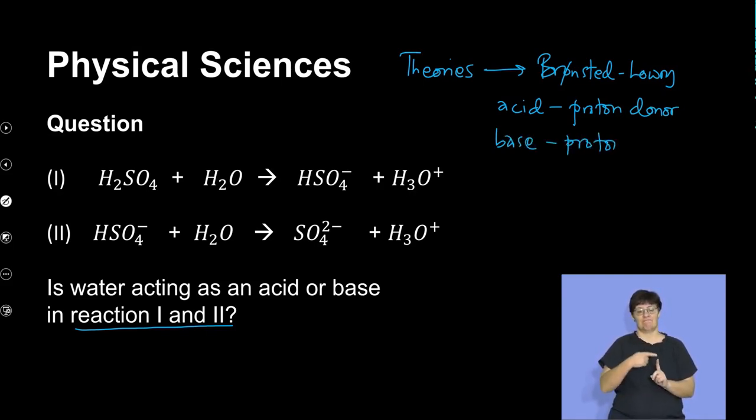Simple and straightforward. So in an acid-base reaction based on the Brønsted-Lowry theory, there is a transfer of protons. So there is a donor-recipient type of relationship.